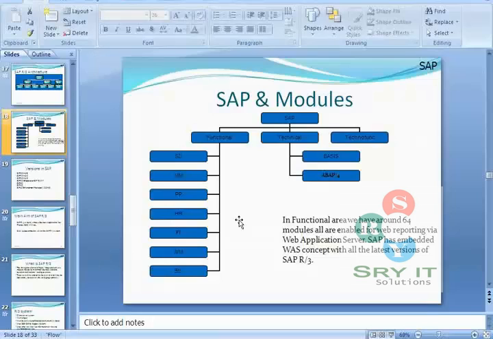When you go to the technical area, there are Basis, ABAP, XI, EP (Enterprise Portal), and HANA. HANA is a new database. All these technical modules are defined under technical. Basis takes care of the entire SAP R3 administration.